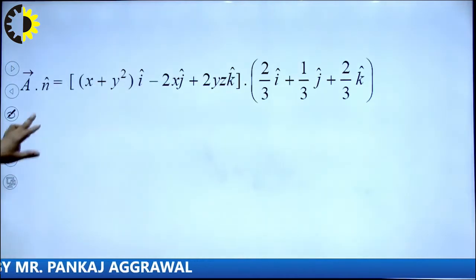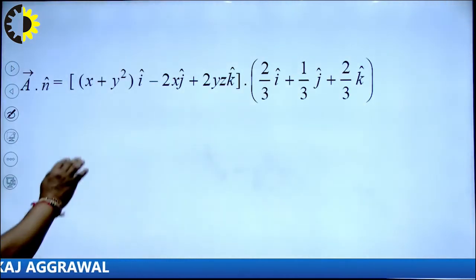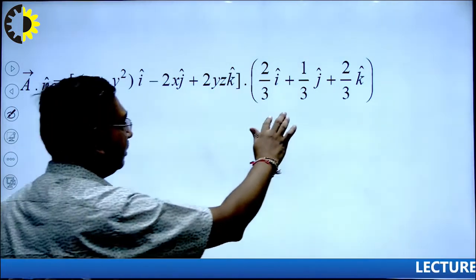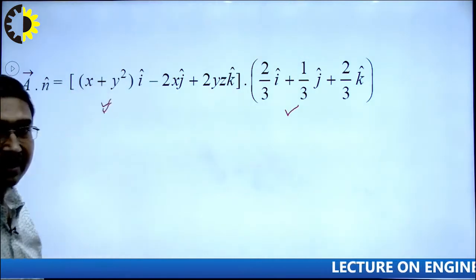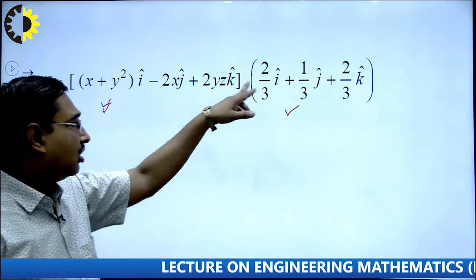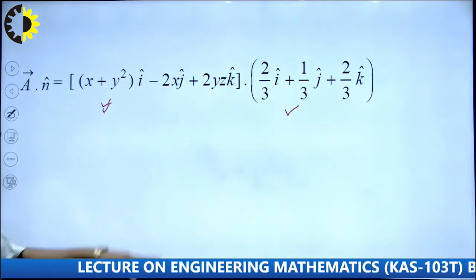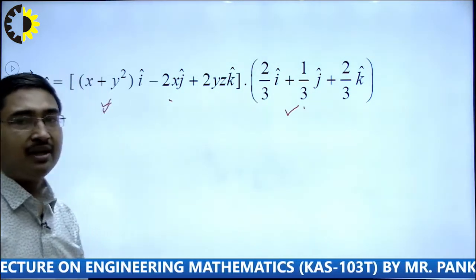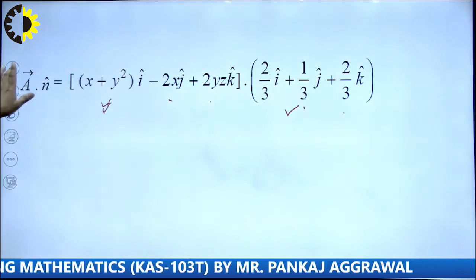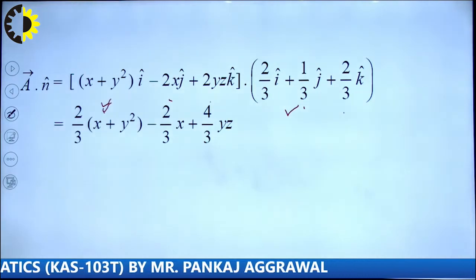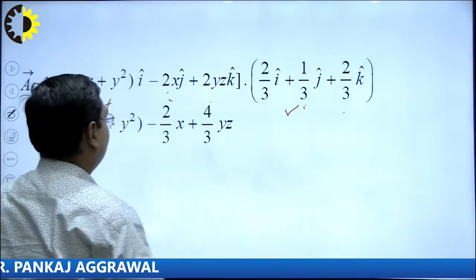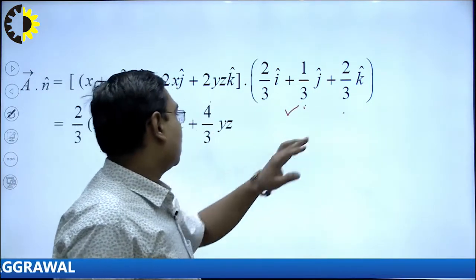Now, a dot n will be calculated. This expression was the expression for vector a. This value is the value of vector n cap. Taking the dot product, the terms of i will be written together, terms of j together, terms of k together, and I obtain this expression: x plus y square times 2 upon 3, minus 2x times 1 upon 3, 2yz times 2 upon 3.